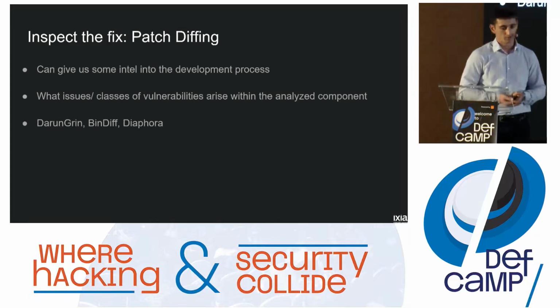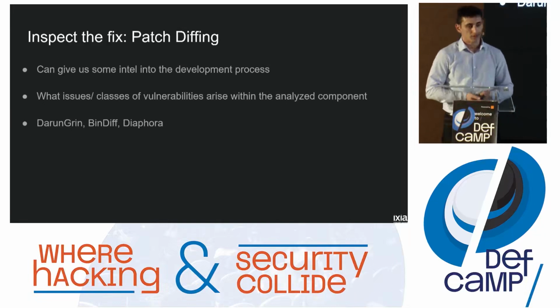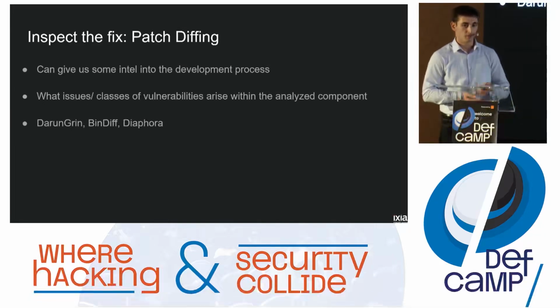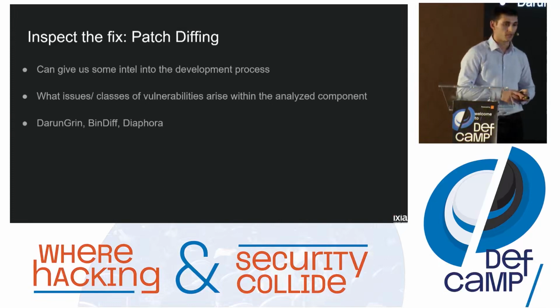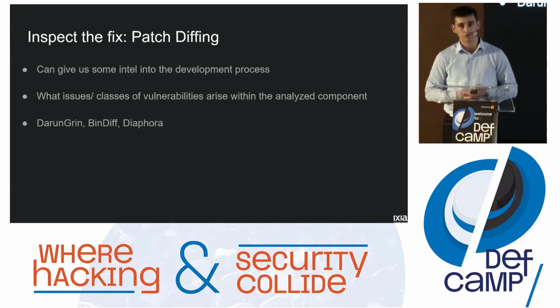So it's a very useful tool, because not only can you inspect the patch, but if you look at the target enough time, then you can gain insights about where the critical locations within that application are where the problems arise. And also, how the development team is targeting and dealing with these kinds of issues. So a lot of people are using BinDiff to look at a lot of applications for a larger amount of time.